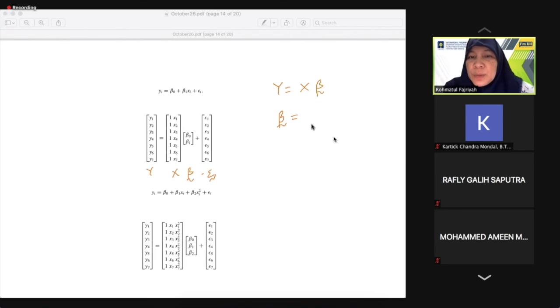So how to compute this one? Beta is equal to... do you remember this? This one comes from this, right? Do you remember this or you don't?